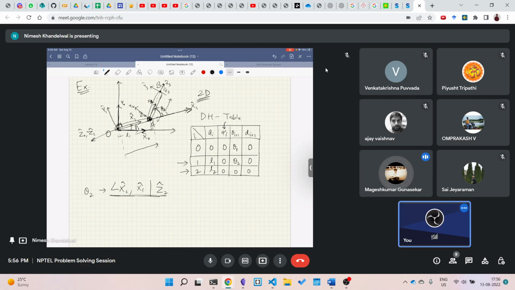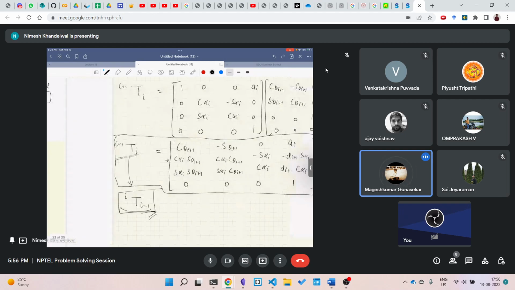So alpha is measuring the angle between z i plus 1 and z i about x i.